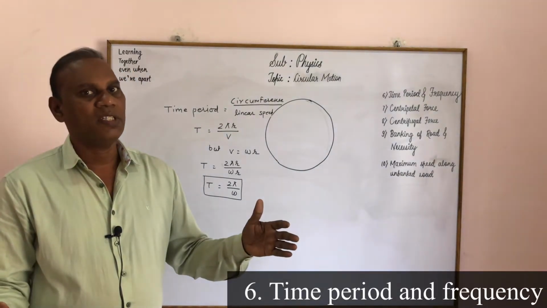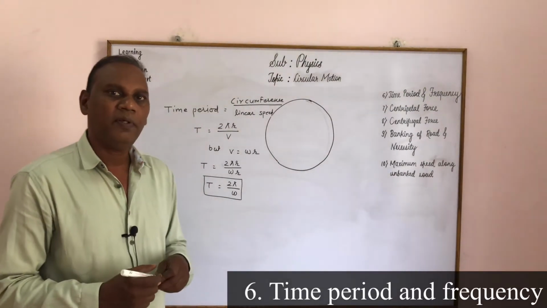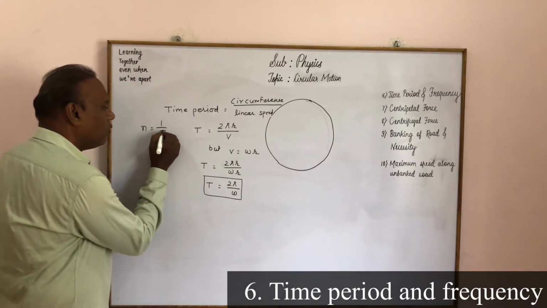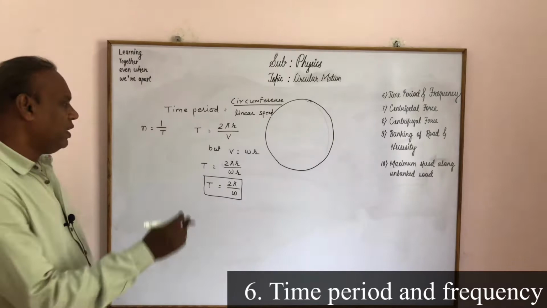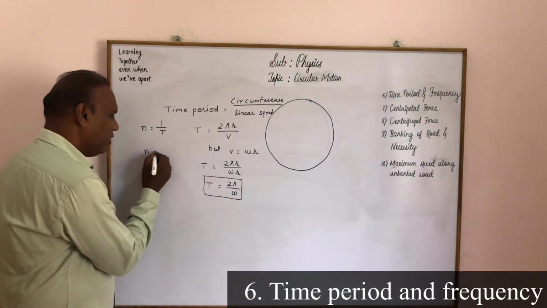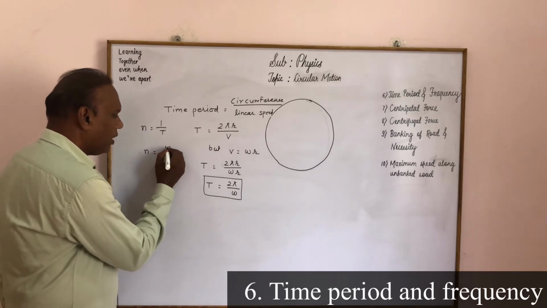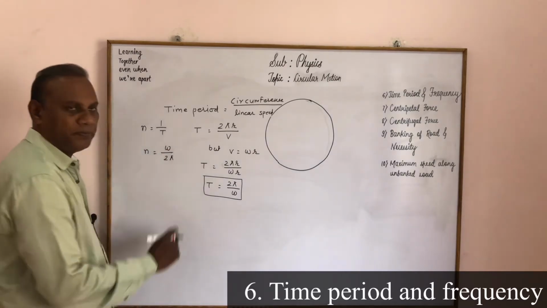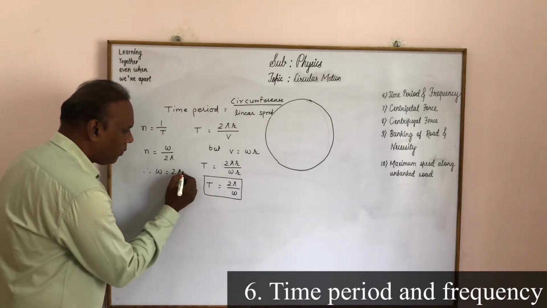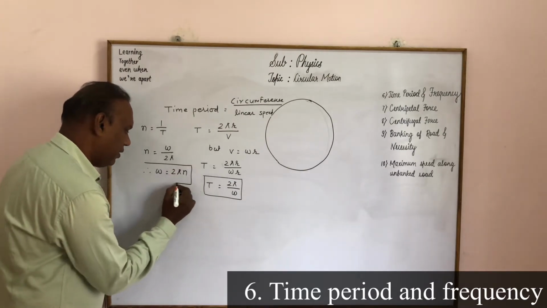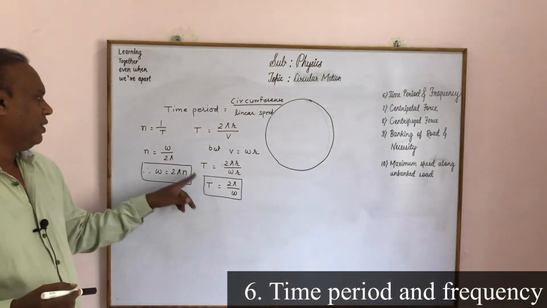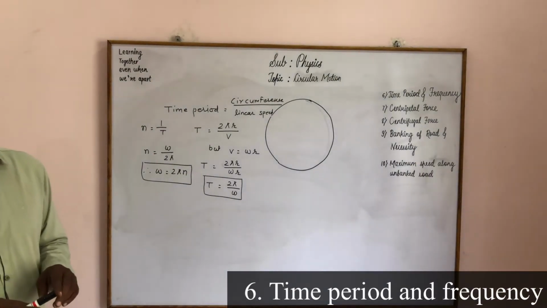Therefore, frequency is the reciprocal of time period, so we can write n equals 1 by T. When I put the value of time period here, we get n equals omega upon 2 pi. Therefore, omega equals 2 pi n. This is another equation. So this is the time period and this is the frequency.